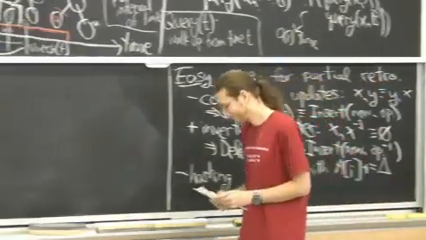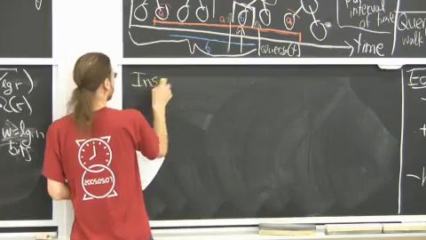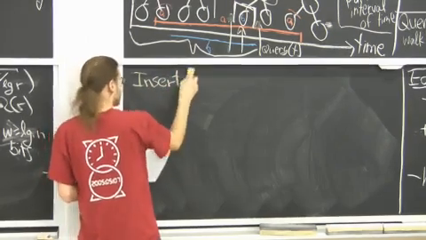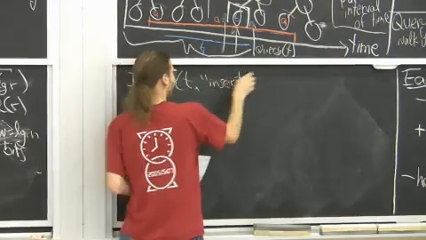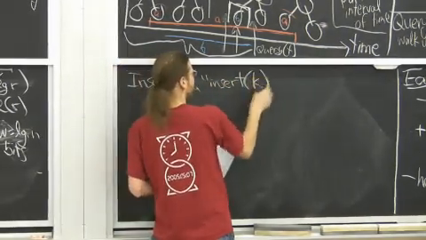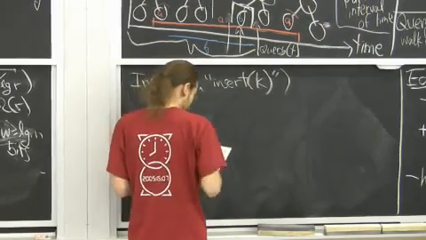How do we do it? So I'm going to focus on the insertion case, inserting an insert operation. I'm going to switch notation and call the keys k instead of x. Doesn't matter.